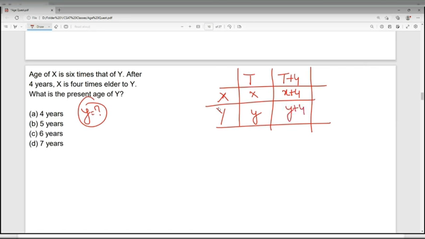Then what they're saying is the age of x is 6 times that of y. x is equal to 6y. This is one equation. Then they are saying after 4 years, x is 4 times elder to y.